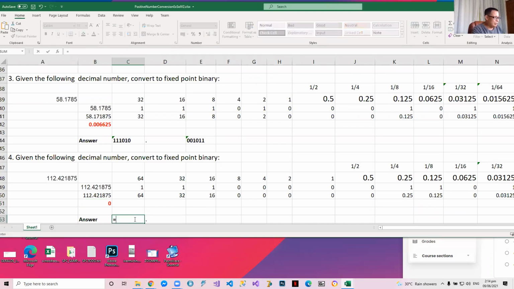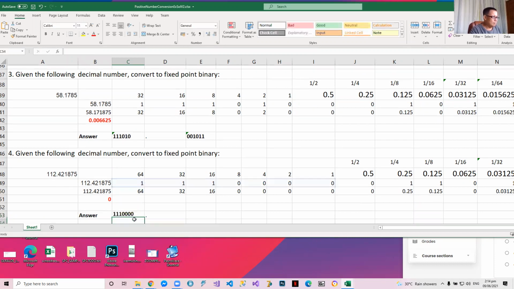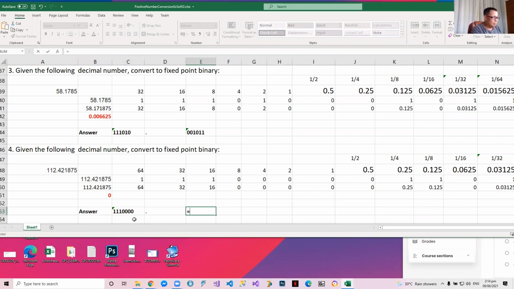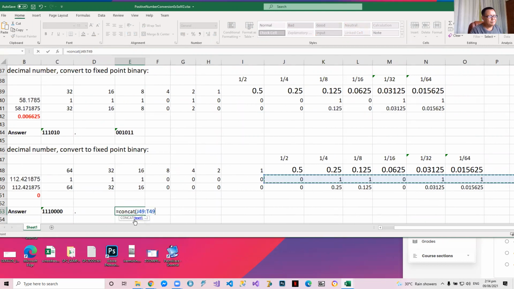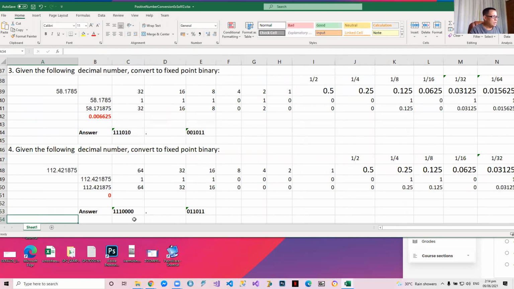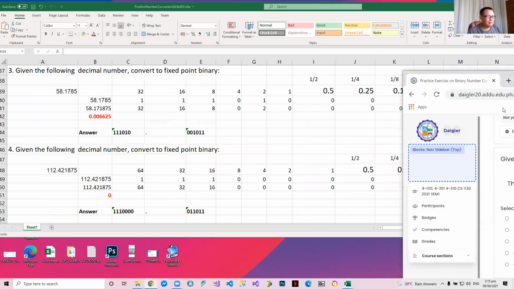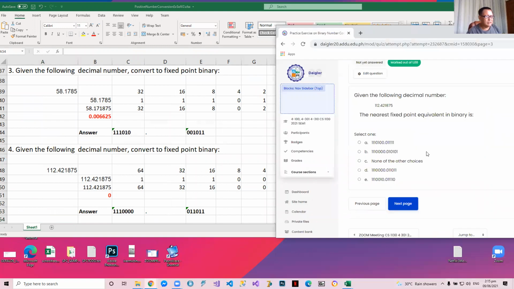We just do an equals concat. Okay. So 1, 1, four 0s, 4 zeros. Okay. 1, 1, three 1s, 4 zeros.